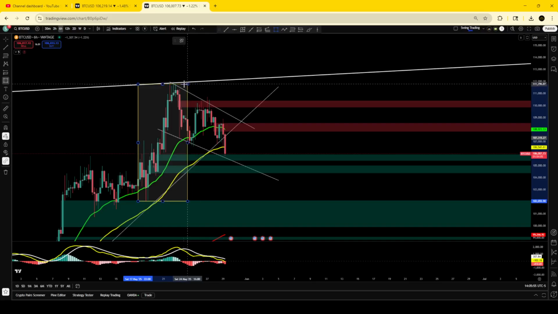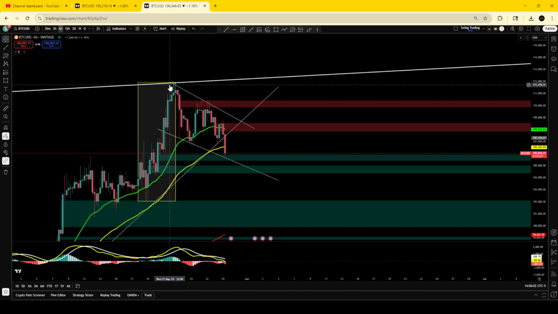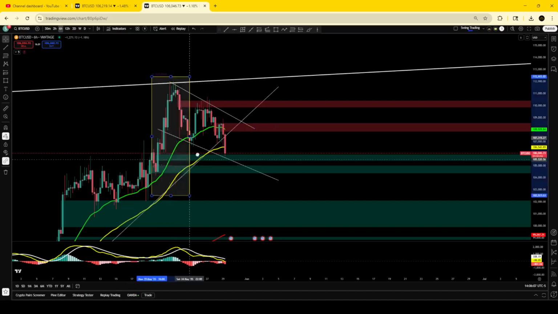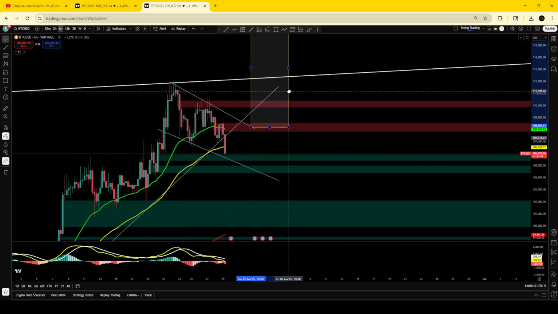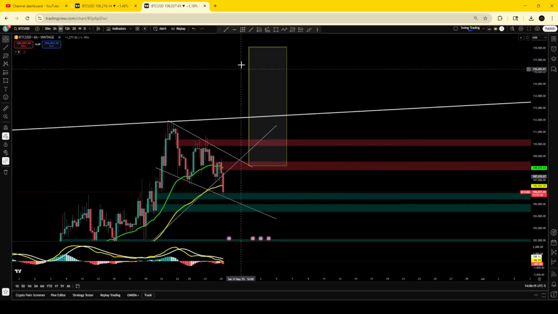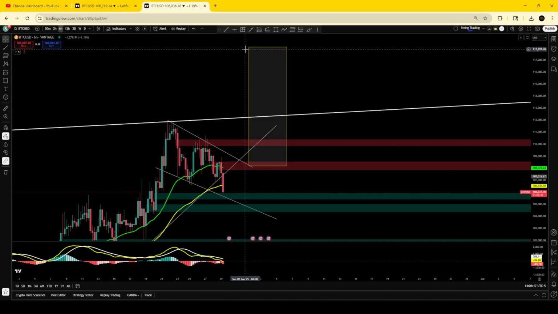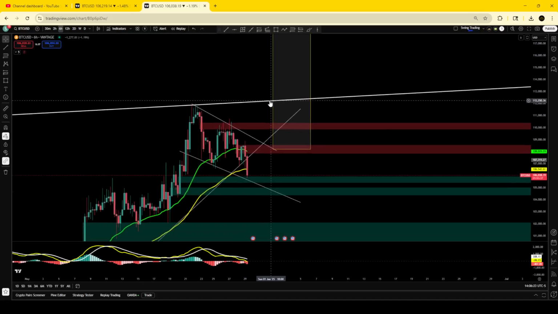So a flag breakout: you basically go to the beginning of the move to the top of that move, and you just move that to the top of your breakout, and at the top of there, that's where price should be heading.